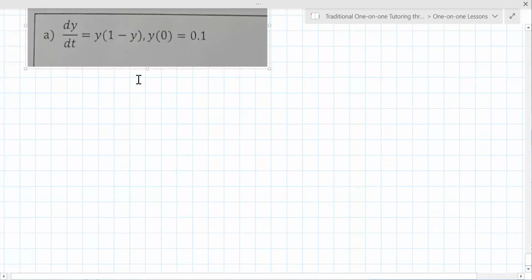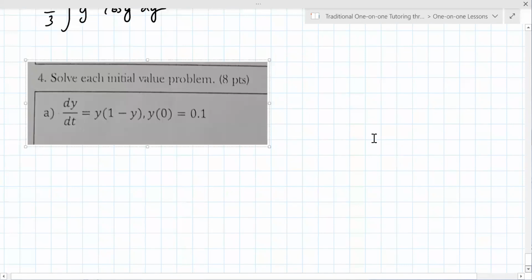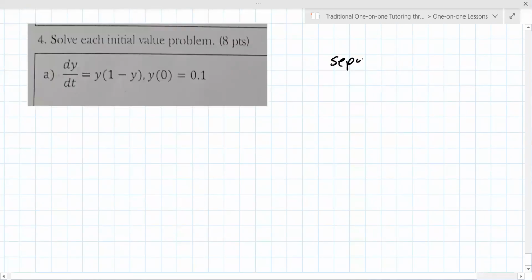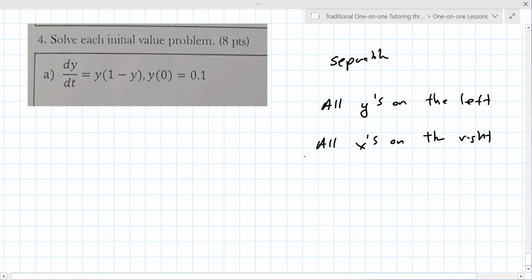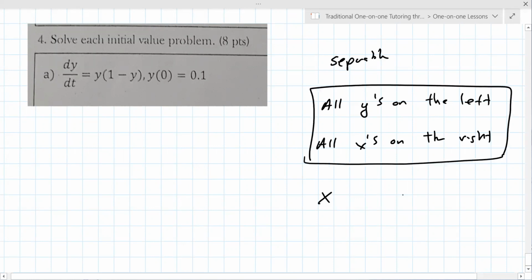So this is called a separable differential equation, and separable means that you can separate the variables. So you want all the y's on the left, and then you want all the x's on the right. And you generally do this by multiplying or dividing.